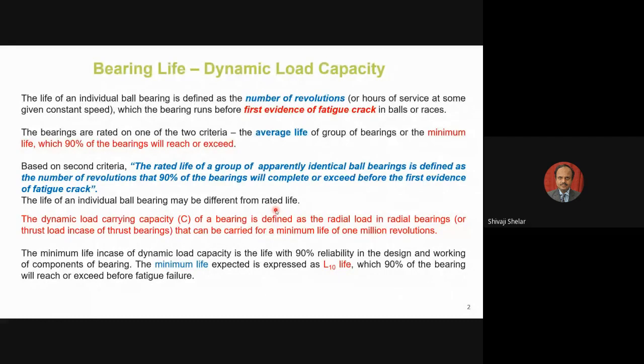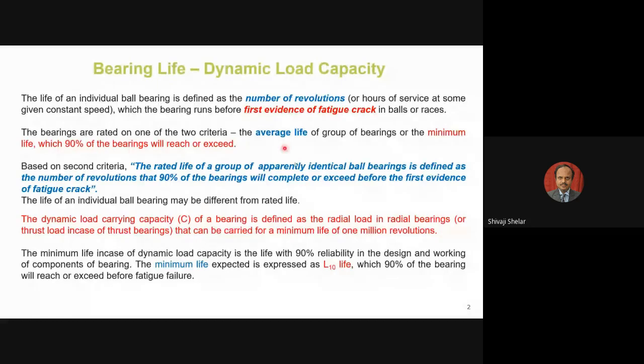It may be higher, or sometimes lower, but that lower percentage will be just 10%. Most of the bearings, 90% of them, will have a life greater than the rated life. The actual life will be greater than the rated life.